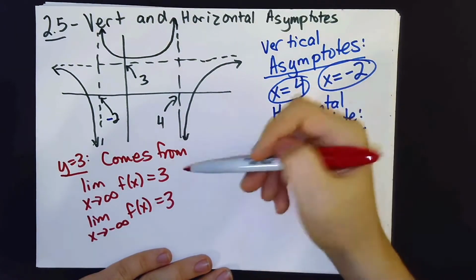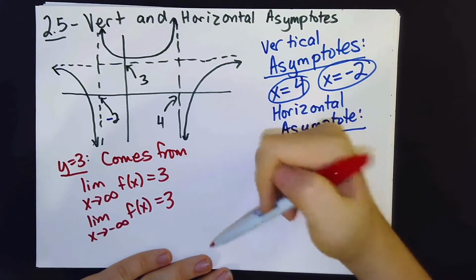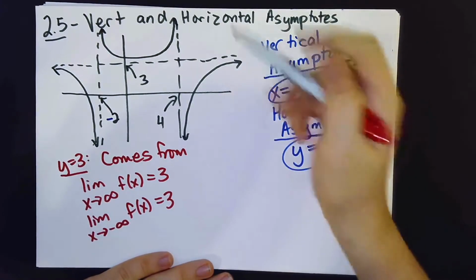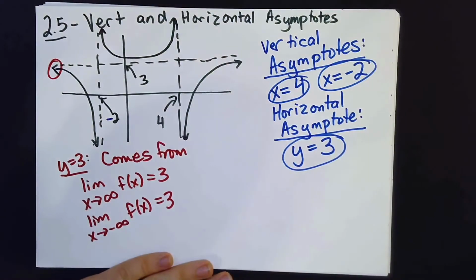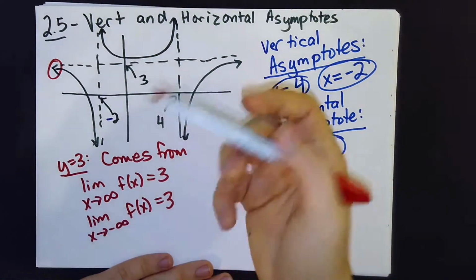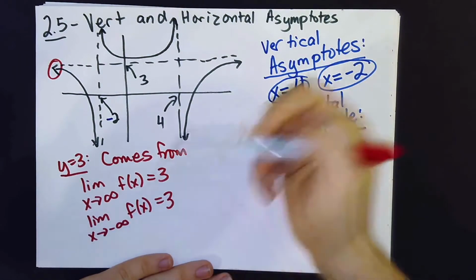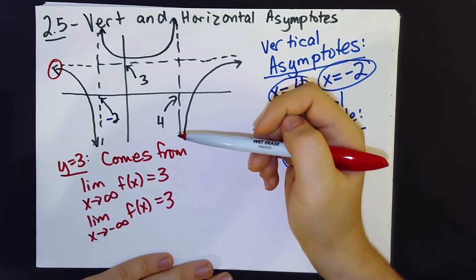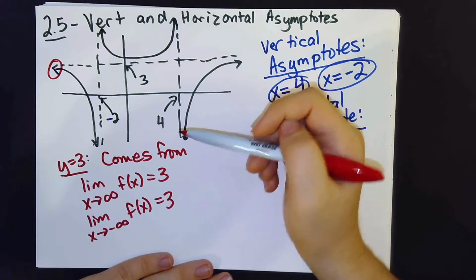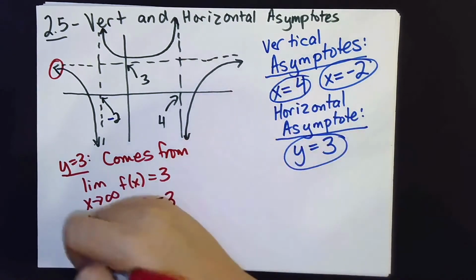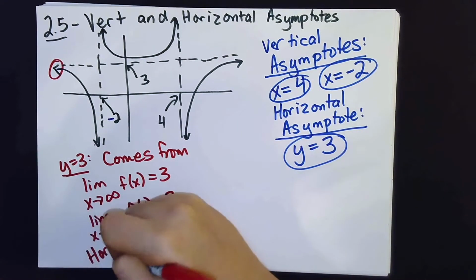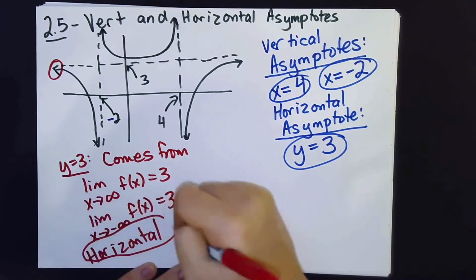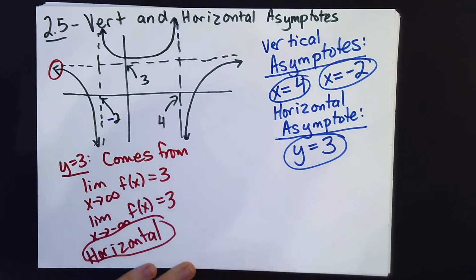Really large inputs give me outputs very close to 3. And actually, the left-hand side also gets closer to 3. And so, in fact, the limit as x goes to minus infinity of our function f of x is also 3. Really huge negative inputs also give outputs very close to 3. Okay. So this is how you talk about horizontal asymptotes in terms of limits. They are the limits at infinity and minus infinity.